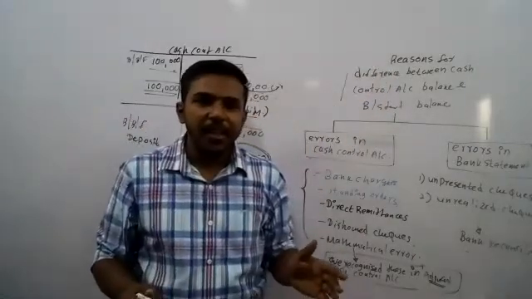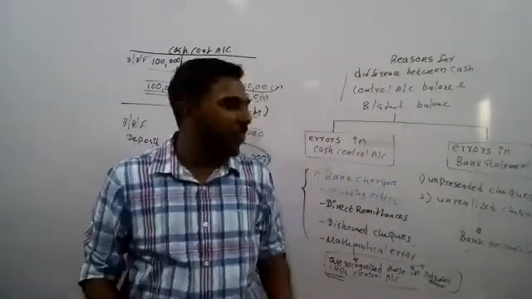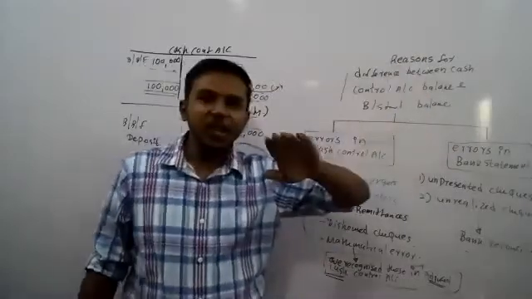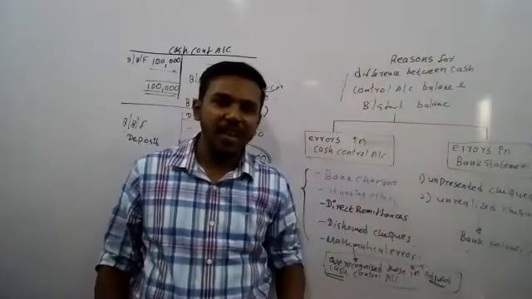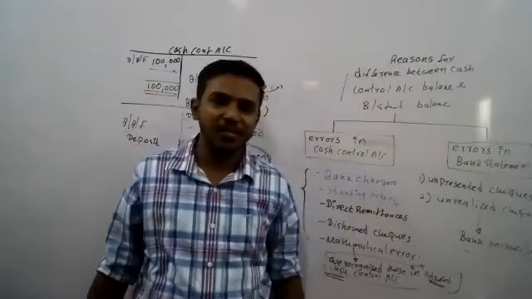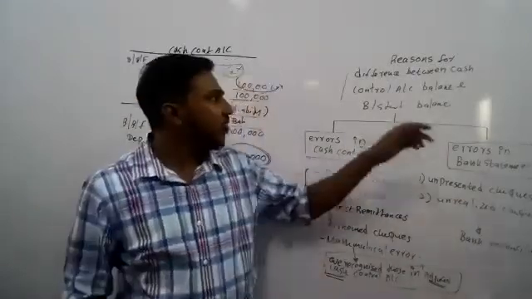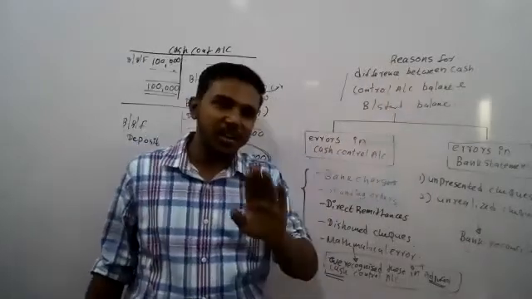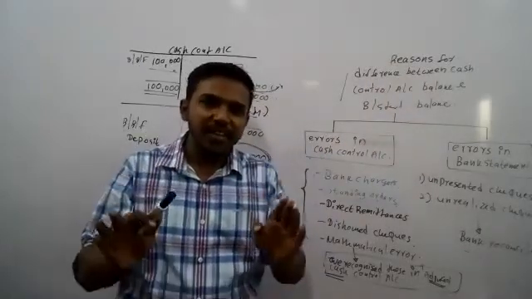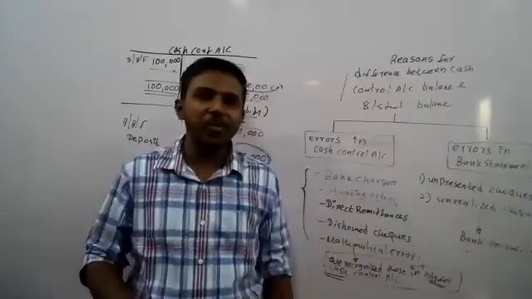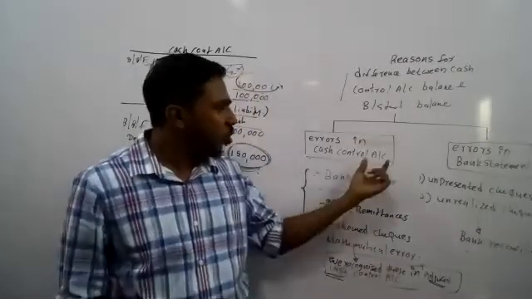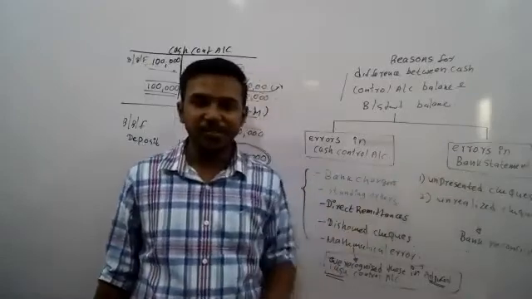Practically, as well as in your exam, there would be a difference between the cash control account balance and the bank statement balance. I will explain it later. Once there is a difference, you have to identify where the error is.